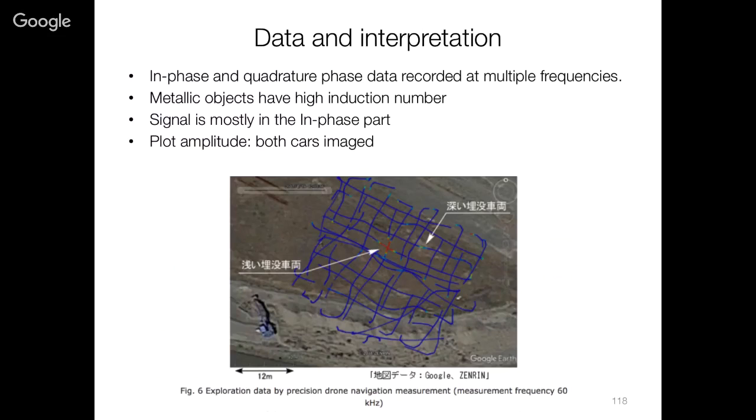So they went to the area and collected data. These were the survey lines that were collected, so not exactly straight, but they've got data. And then what was plotted up here was the in-phase part. So remember, in-phase, quadrature phase, if you're looking for a conductive target, then you want to be up on that upper part of the response curve. So your signal is going to be primarily in the in-phase component. And what you see is that there's a large anomaly here that turned out to be, you can read Japanese, that's the shallow car.